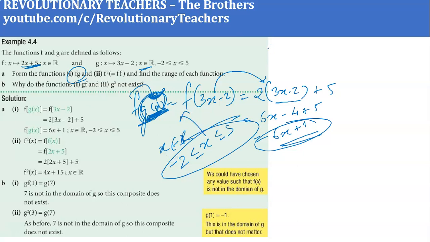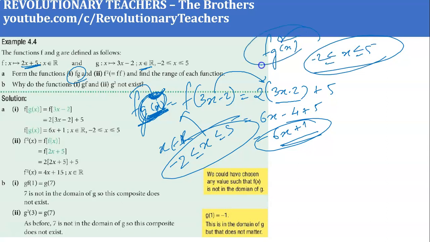Why? For f of g(x), the domain of x would be greater than or equal to minus 2 but less than or equal to 5, because the output of this composite function will totally depend on g(x). Fine children, this is clear?